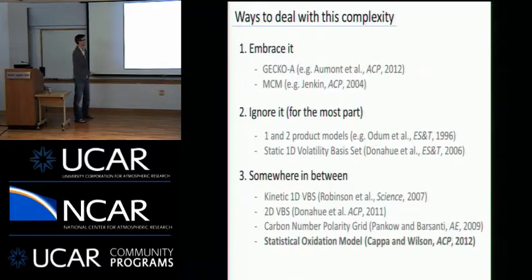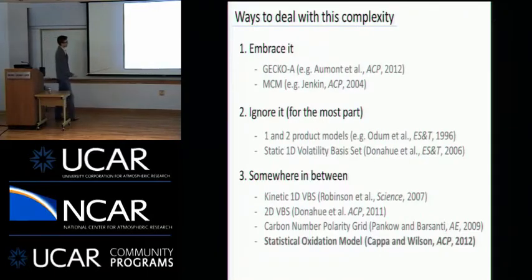One is what I'll say we could embrace this complexity. And this is going to be models like the GECKO-A model that I've been working with Alma and Julia on here. These are models that tend to try to represent the chemistry as explicitly as they can. The difference between these two, this one's very explicit, this one's kind of explicit, but you're trying to deal with some level of explicit chemistry along the way. So that's one approach. Another is to ignore as much of that complexity as possible.